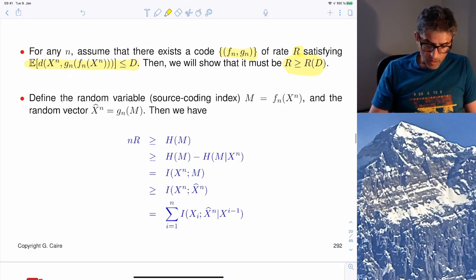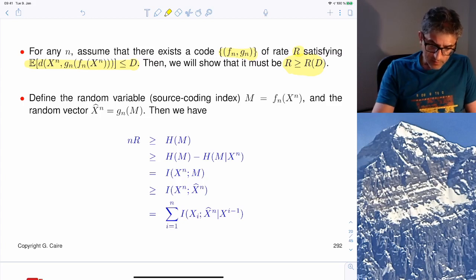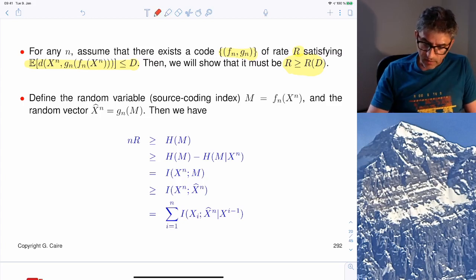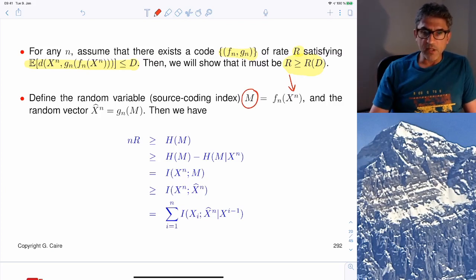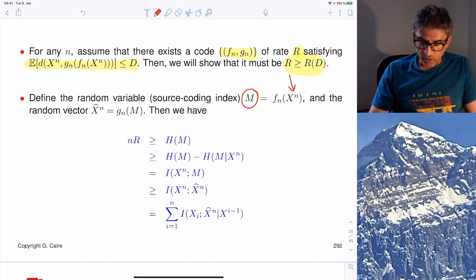We work as follows. Given the code and the random source sequence, we can define the random variable M as the random index generated by the encoder in the presence of a random realization of the source sequence.